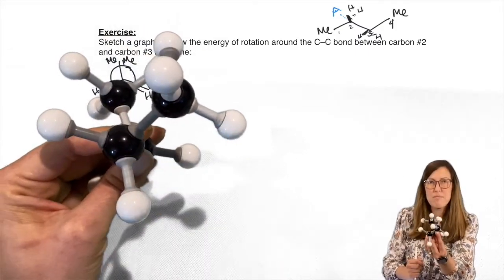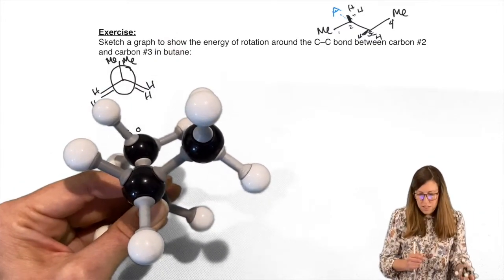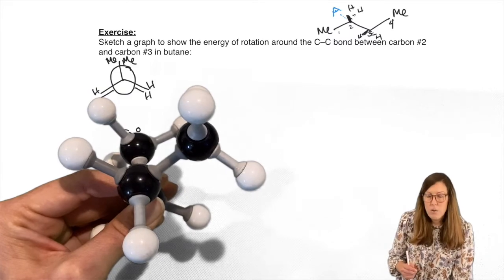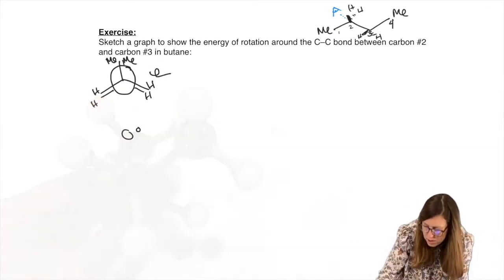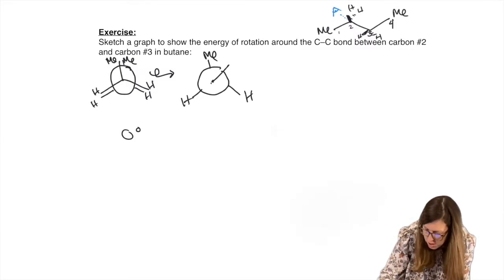It doesn't matter. So just to follow along with me, I'm going to rotate the front clockwise. So let's do a rotation by 60 degrees. That means keep the back the same in this case. And now, instead of being eclipsed, we will be staggered.